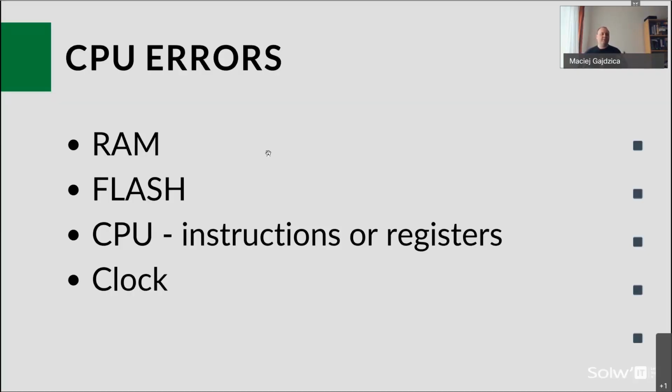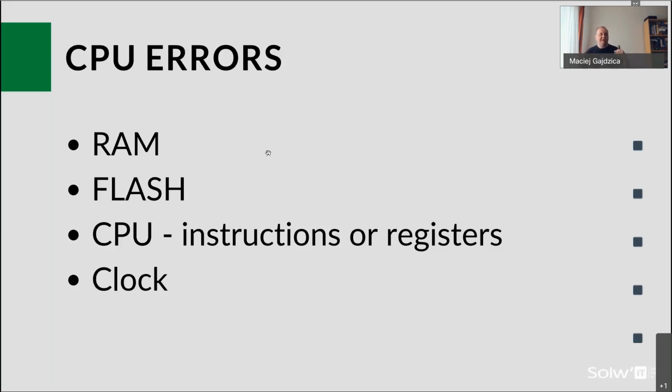There are also many other possible accidents and threats that we must think of. And one of these is hardware errors of our processor. We have many parts in our processor and in our device.